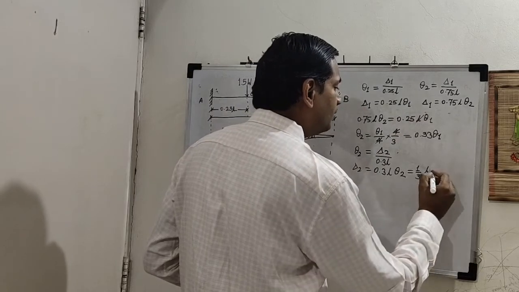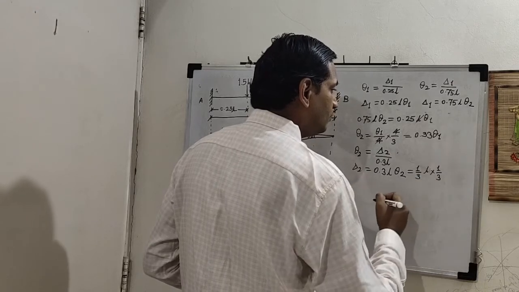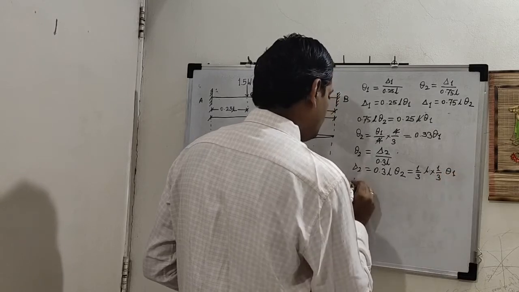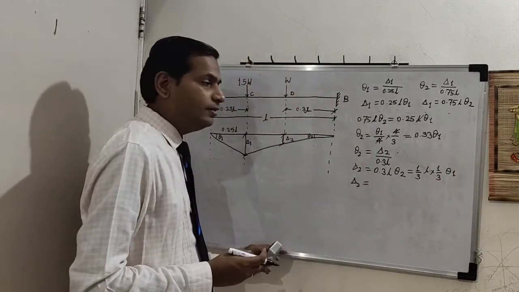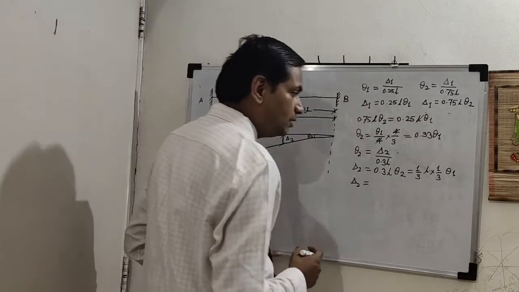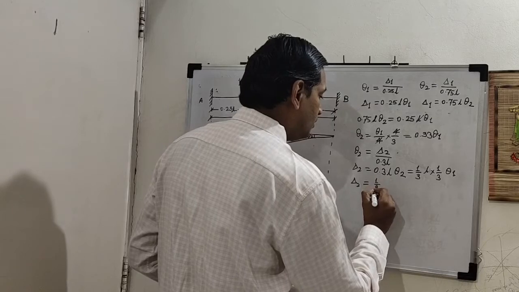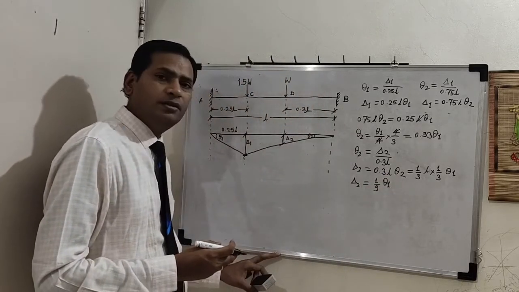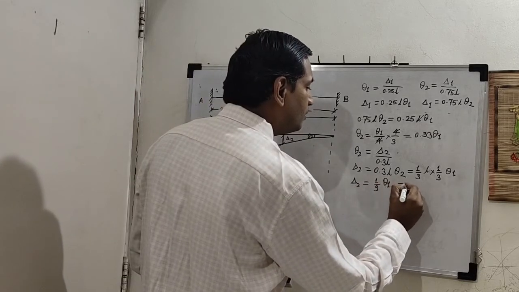Again 1 by 3 into theta 1. So delta 2 is equal to 1 upon 9 theta 1. Okay. How much is 1 upon 9? 0.1 times theta 1.